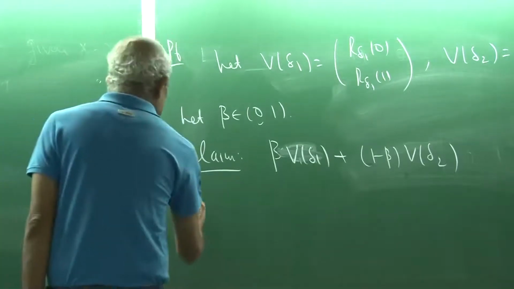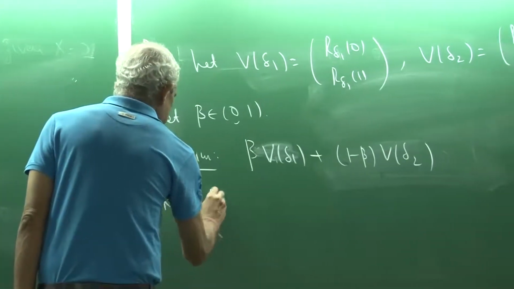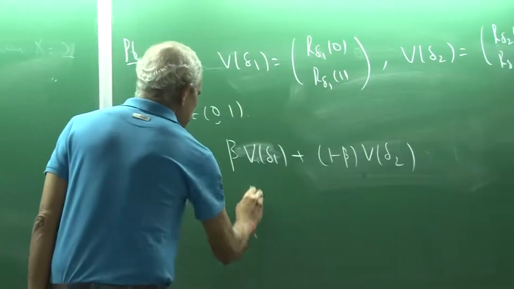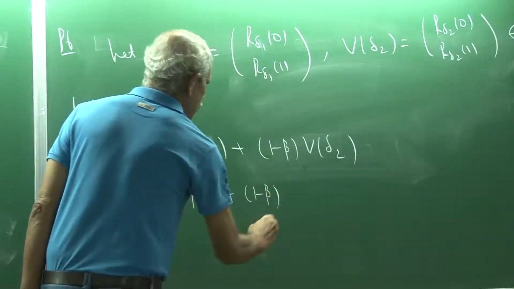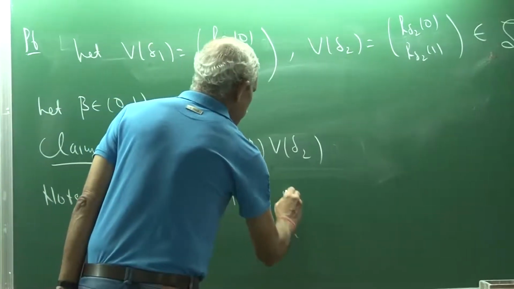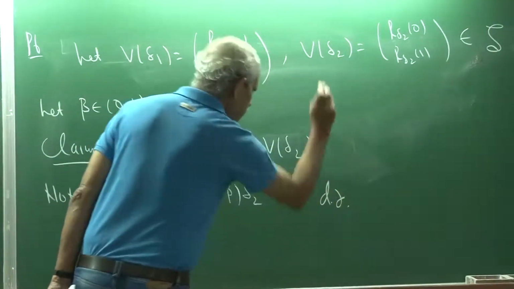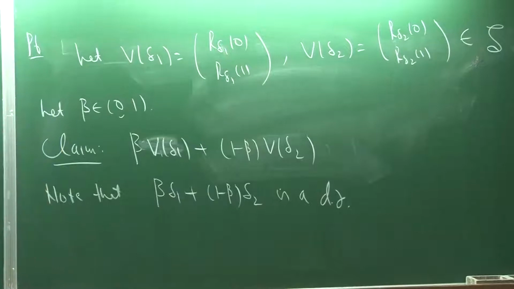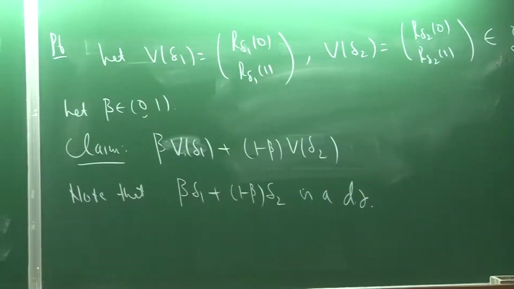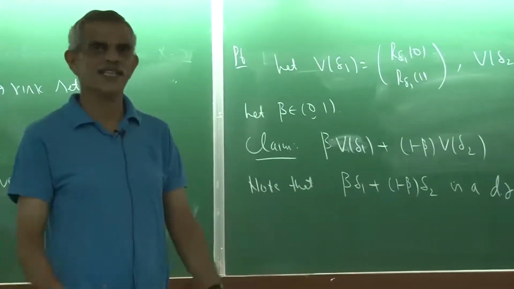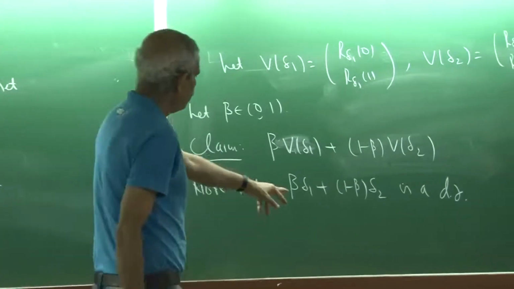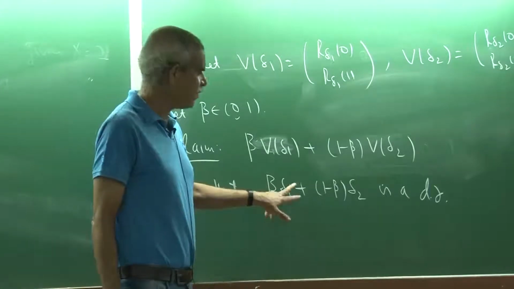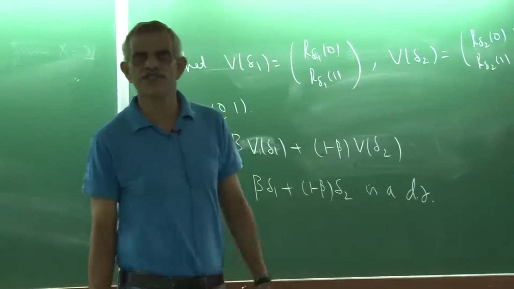So note that beta delta 1 plus 1 minus beta delta 2 is a decision rule. Now to show that it is a decision rule, what do you have to show? You have to show that for every x, it only takes values between 0 and 1. For every x, delta 1x is between 0 and 1. For every x, delta 2x is between 0 and 1.